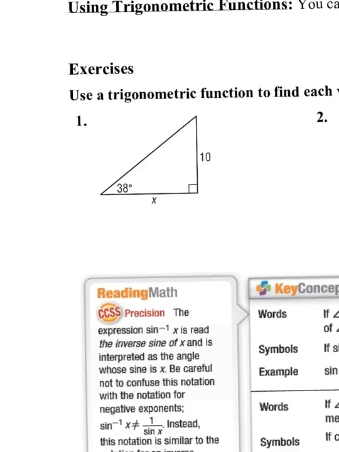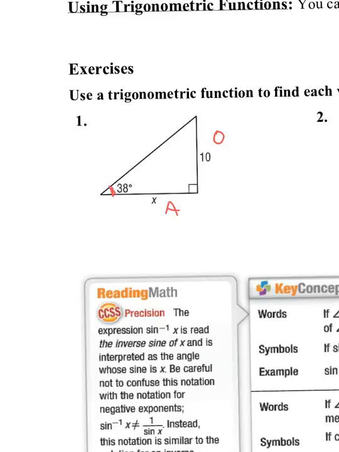All right. So the first thing we're going to look at is what we have. We have the angle right here of 38, and the opposite side is 10, and we're looking for the adjacent side. So you want to use one of the 6 trigonometric functions you learned on the last lesson. Since we're using the opposite and the adjacent, we should be using tangent to represent that ratio.